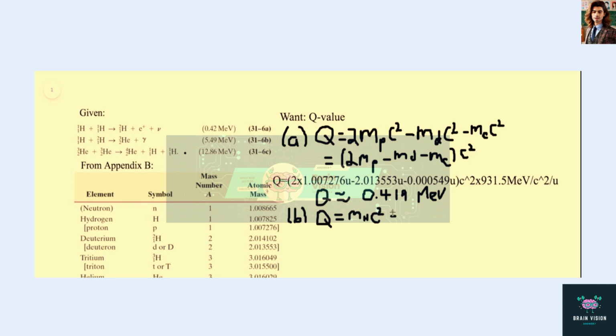Plus a mass of deuteron, but again, I'll put deuterium instead of M sub D as I did up here. This is an isotope of helium.